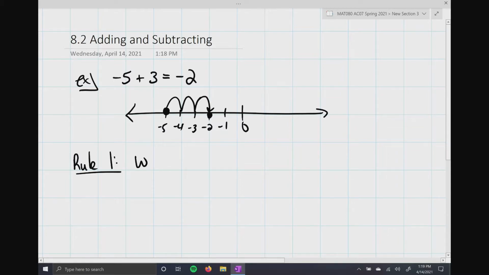So when the signs of the numbers, doesn't matter how many you have, just look at the sign in front.